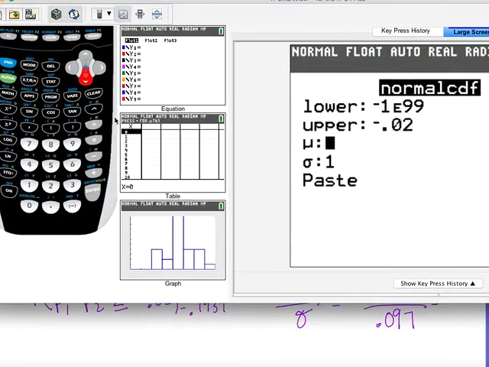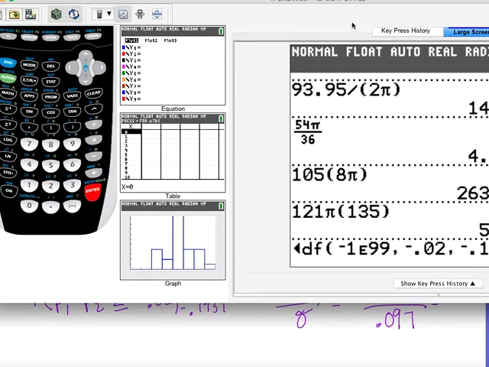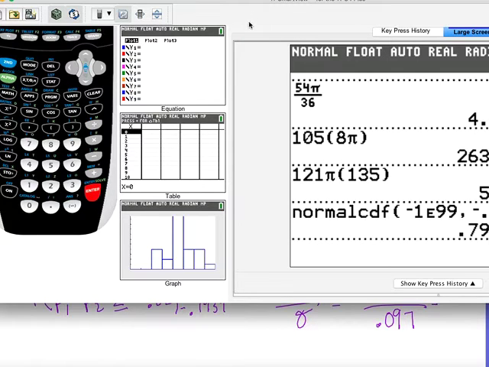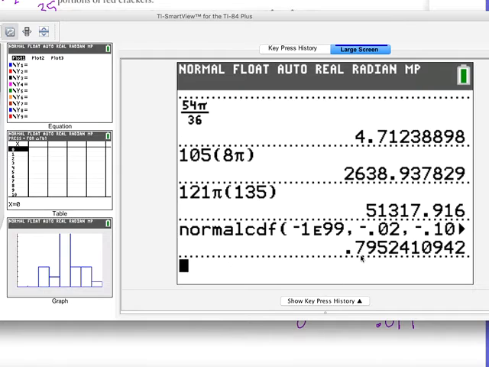Your mean was negative 0.10, and your standard deviation was 0.097. And so that gives you 0.7952, which is pretty close to where we got with the 0.7939 by looking at the table.